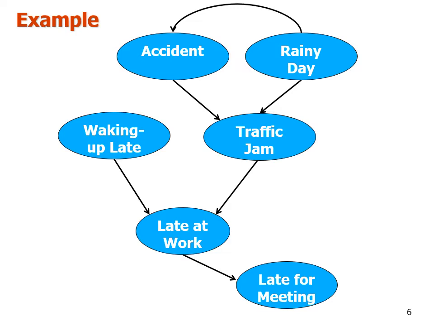I'll repeat it once again. Late at work is influenced by whether you have woken up late or not. But being late at work directly influences whether you are late for the meeting, and hence we can say that if you woke up late, this event affects whether you are late for the meeting.